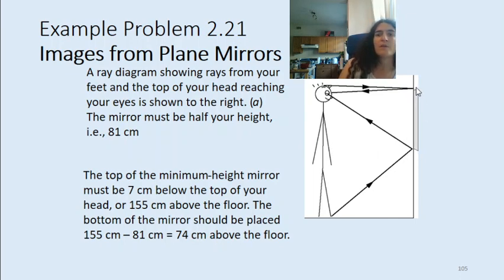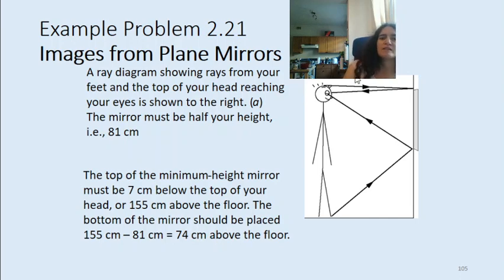And then where would the top of the mirror need to be? So the same process, right? So light has to bounce off of the top of my head and then hit the top end of the mirror and then reach my eyes, right? So that would mean that the top of the mirror needs to be halfway up between my eyes and my forehead. Right? So that means that I need the top of the mirror to be here, or 7 centimeters from the top of my head, right?